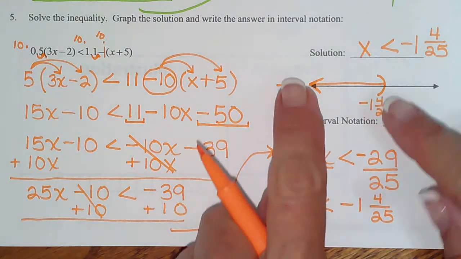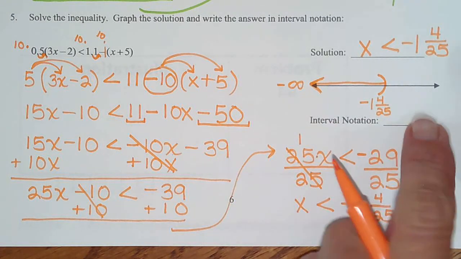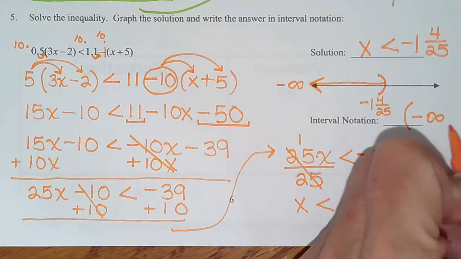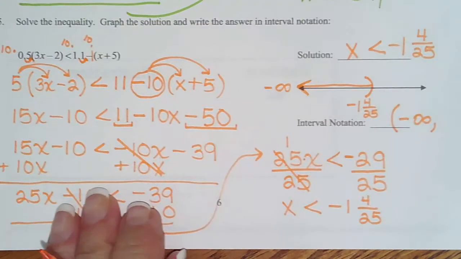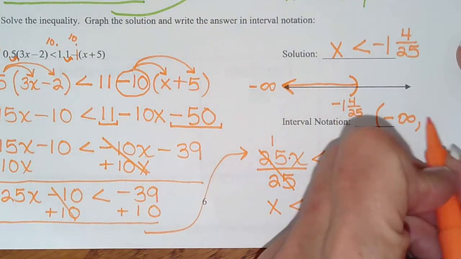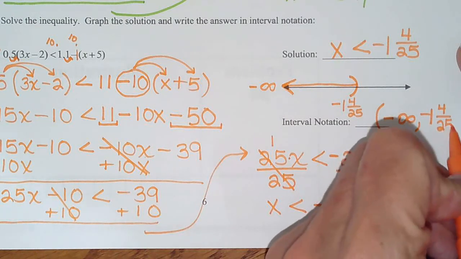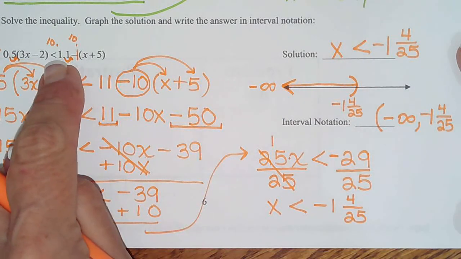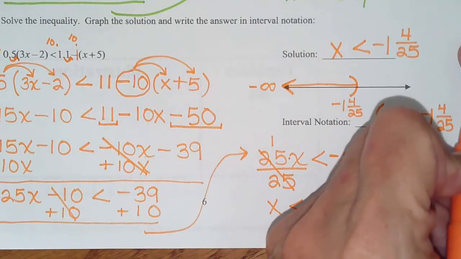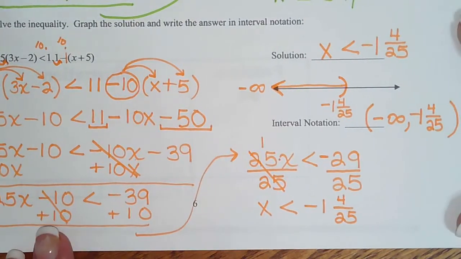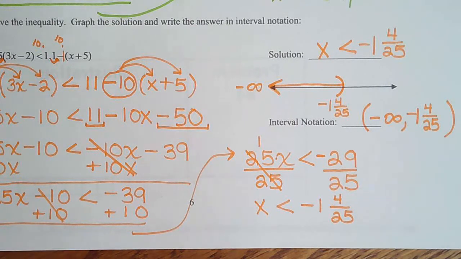So then we drop the two numbers down in the same order, negative infinity first, and it always gets a parenthesis, and negative 1 and 4/25. And it gets a parenthesis because there's no equal in the original problem. Order matters, shape of your grouping symbols matter. So that is number 5.